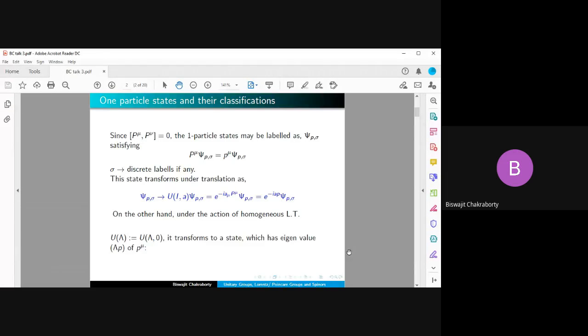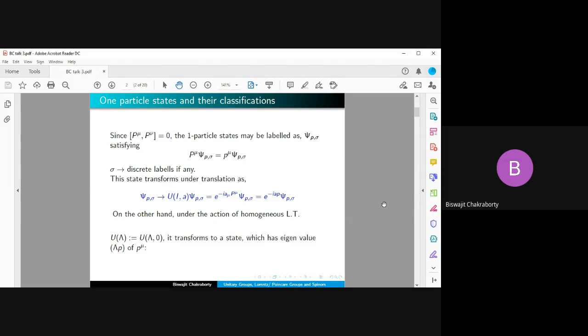On the other hand, consider the action of the homogeneous Lorentz transformation, which I denote U(lambda, 0). Remember, the Poincare group is the semi-direct product of the homogeneous Lorentz group and the translation group. For the translation group the identity is 0, the additive identity, and for the homogeneous part it is the multiplicative identity, which is the identity itself.